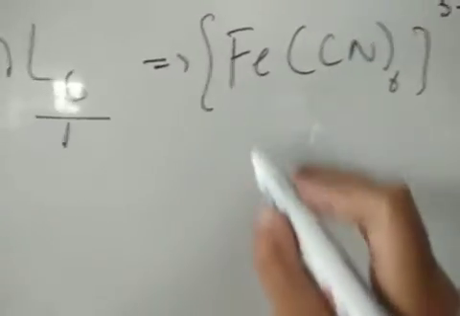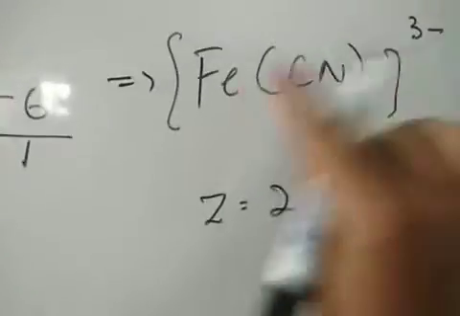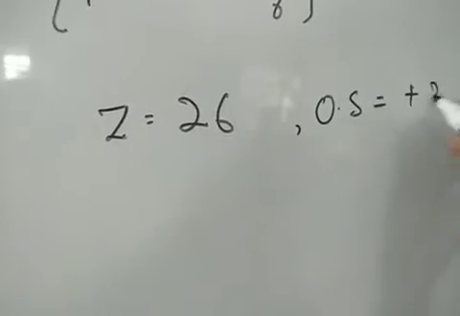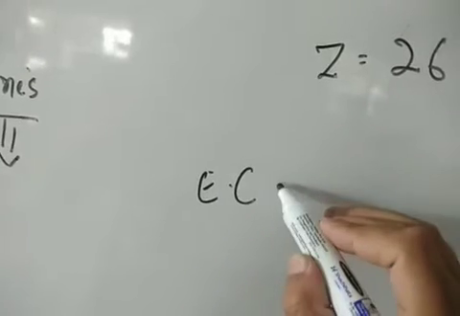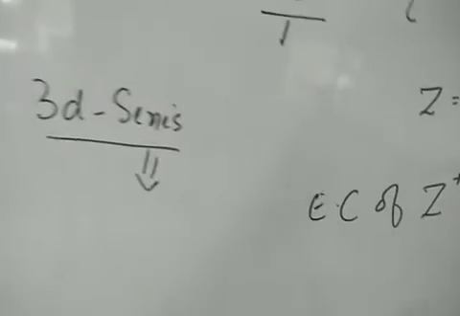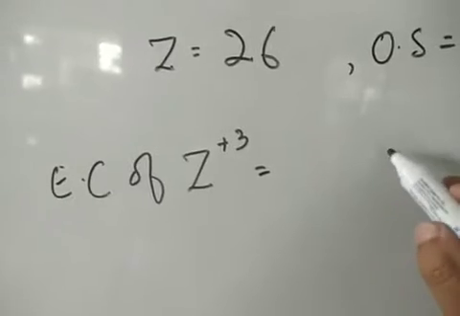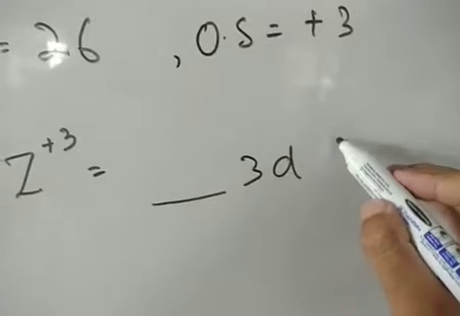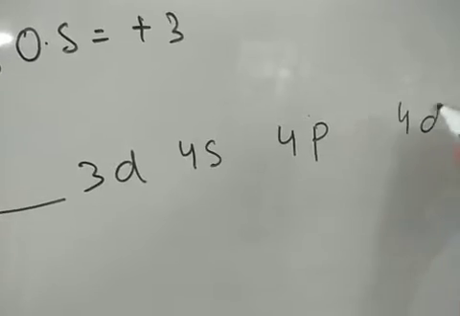If you see, the atomic number of iron is 26. Now the oxidation state is +3, so that makes the Z now 23. If we write the electronic configuration of Fe3+, I am writing the end orbitals, which are important. In the end we have 3d, 4s, 4p and 4d orbitals.